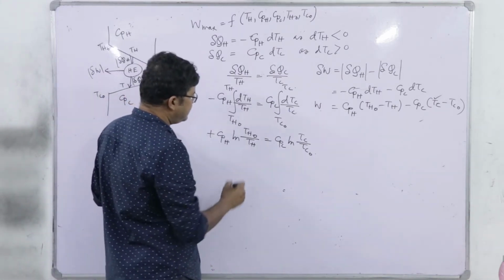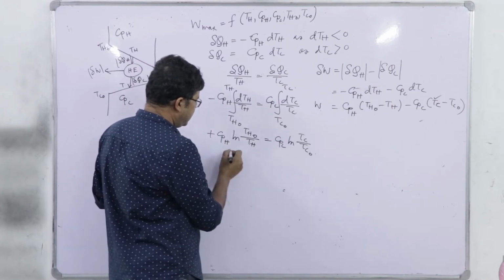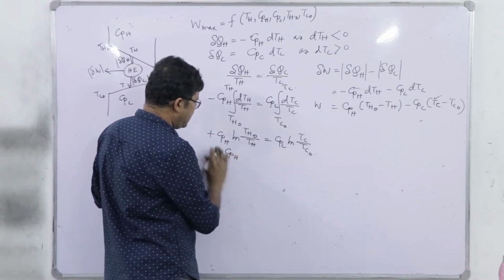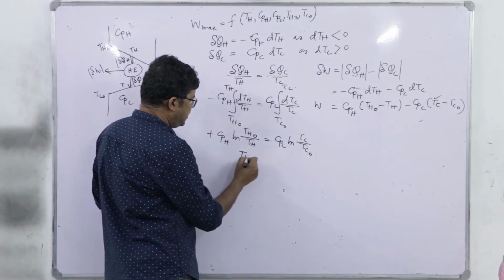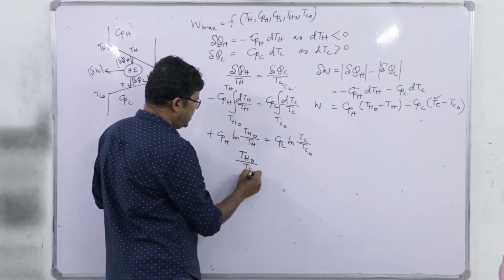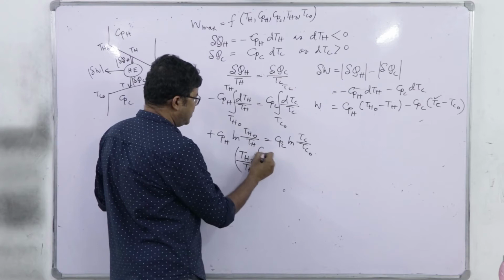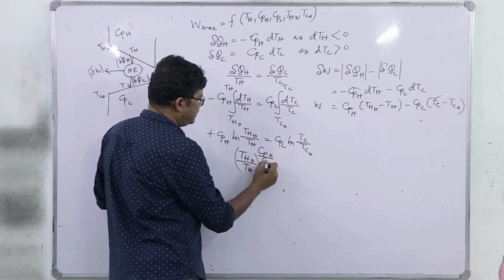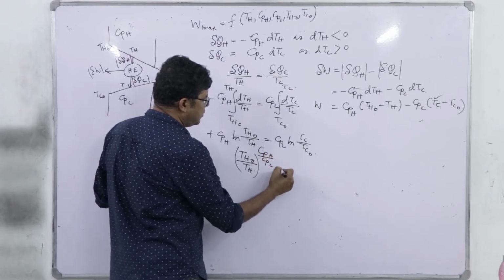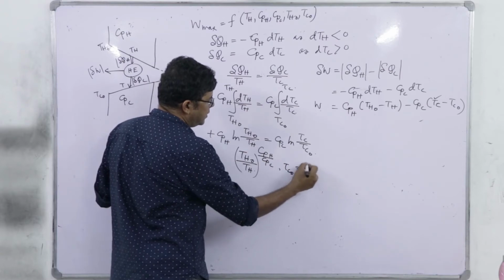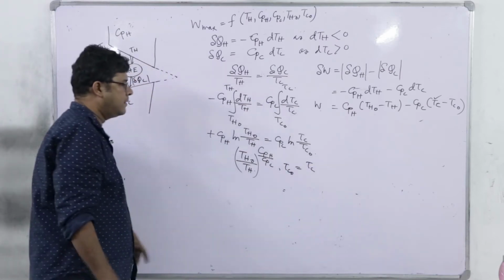So, (TH naught by TH) to the power CPH by CPC into TC naught equals TC, right.